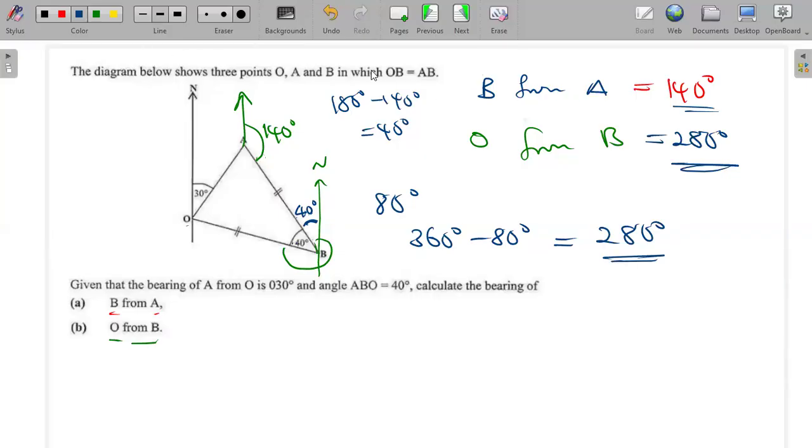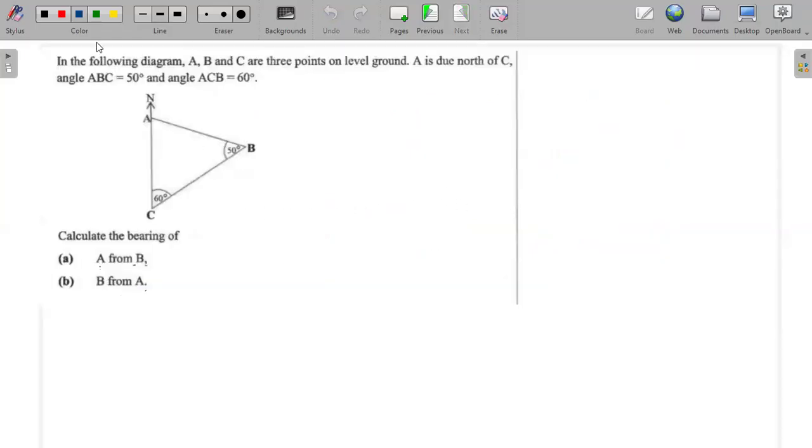All right, so we do the next one. Here it tells us in the following diagram, A, B, C are 3 points on a level ground. A is due north of C. The north of C and that of A are the same.